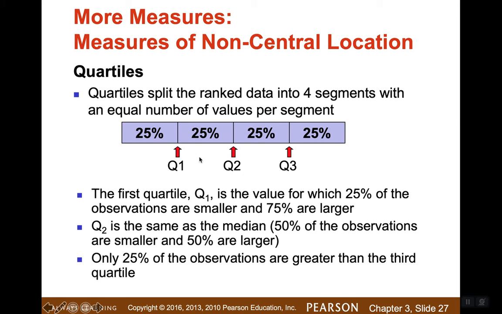Here's our 25% here, and 75% here, delineated by quartile 1. Quartile 2 is the same as the median: 50% below, 50% above. And the third quartile is 75% below, 25% above.